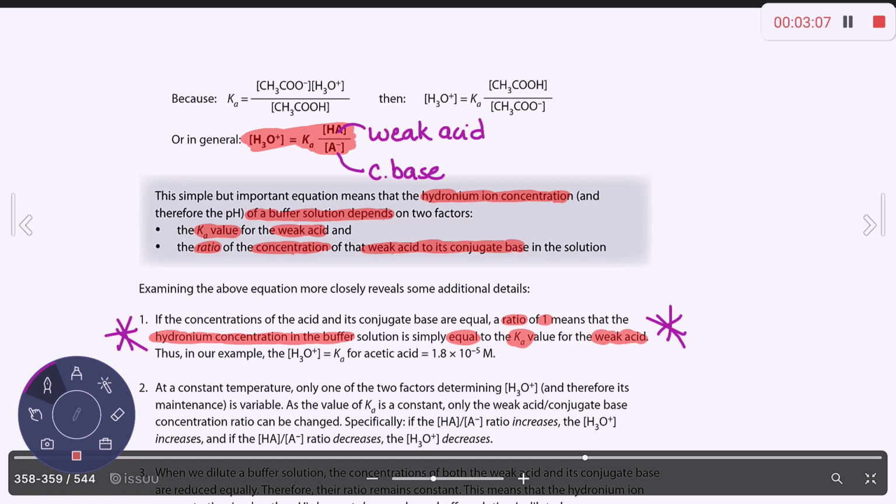And then for number 2, down here, if the weak acid to conjugate base ratio increases, then the hydronium ion concentration increases. And if the ratio decreases, the hydronium ion concentration decreases. And then there's a number 3.